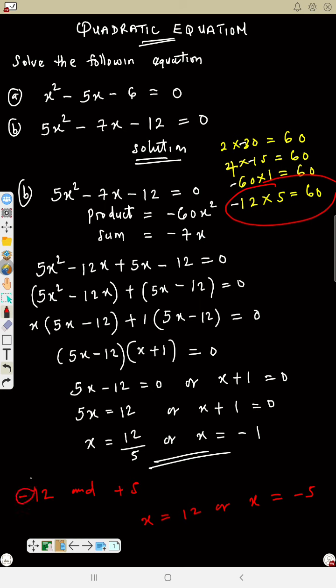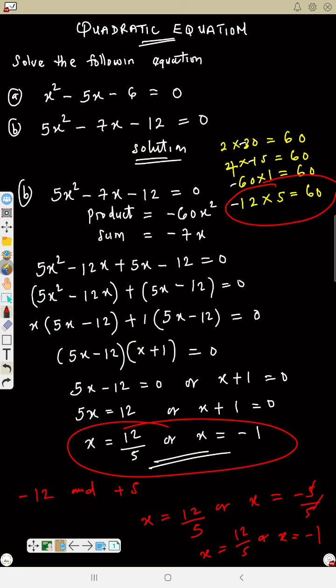That is, change this minus to plus, change the plus to minus, so the sign will reverse. Now the coefficient in our question is 5. That means I'm dividing the two results by 5. This is over 5, over 5. So s is 12 over 5 or s is minus 1, because 5 will cancel out. So that will give us the same results as this.